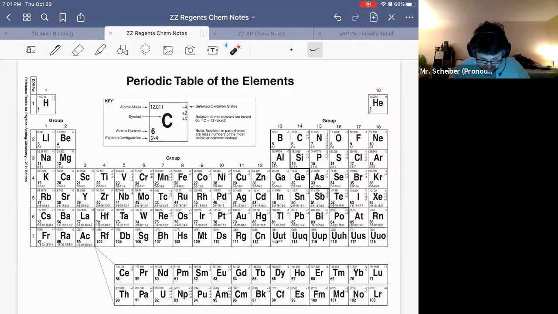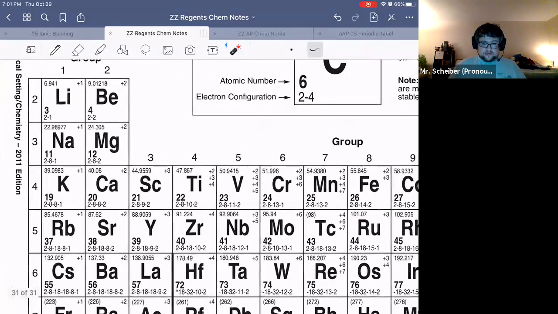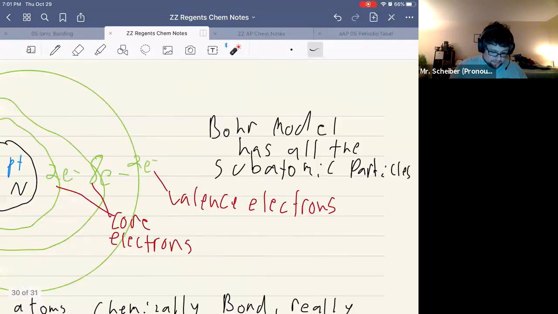And we can see that they all have, besides helium, 8 valence electrons. Not only that, but let's take a look at some of our ions, right? Potassium forms a +1 ion. If it were to lose its electron, its electron configuration would be 2, 8, 8, right?